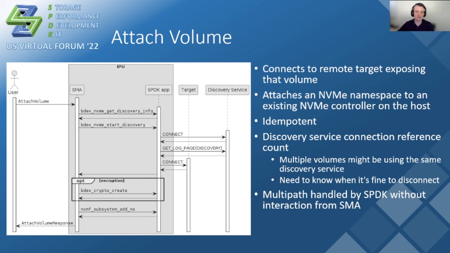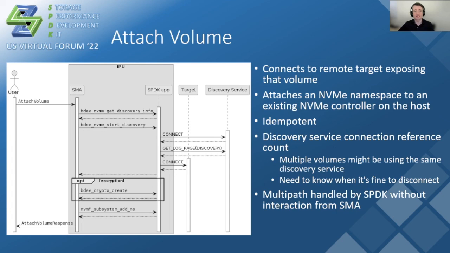Of course, that happens when none of the volumes are attached. So after that happens, SPDK application will connect to the discovery subsystem, read all of its log pages, and then connect to the listed targets in those log pages.